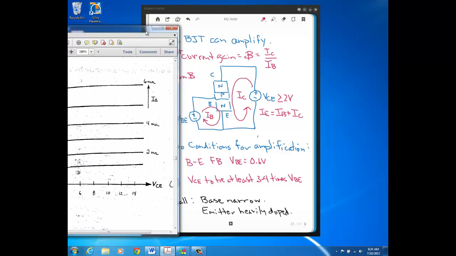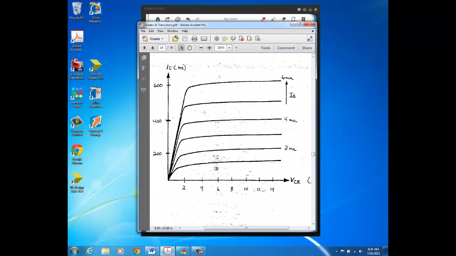Okay, and that's what you're seeing here in this plot when VCE is less than 2 volts. See here where the curves dip, your beta is decreasing, right?